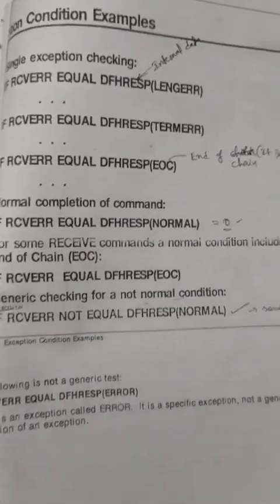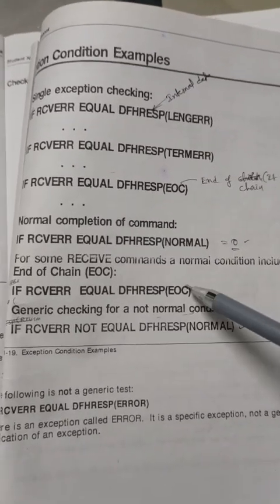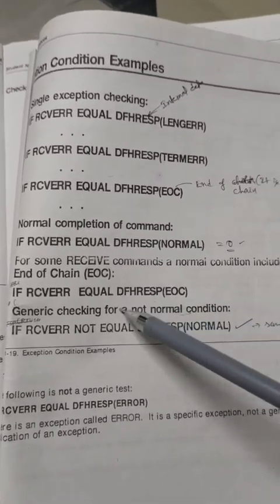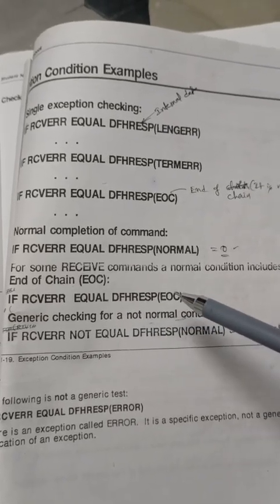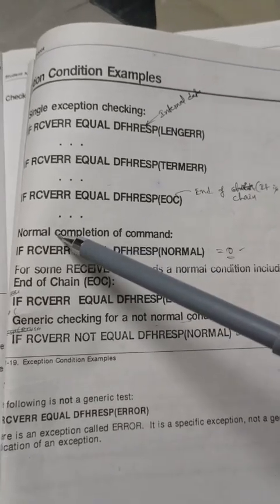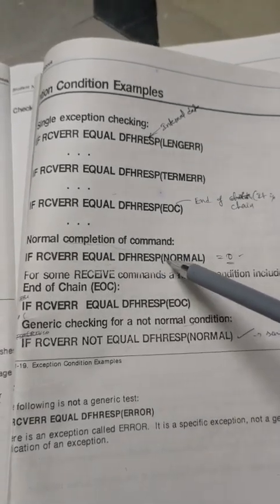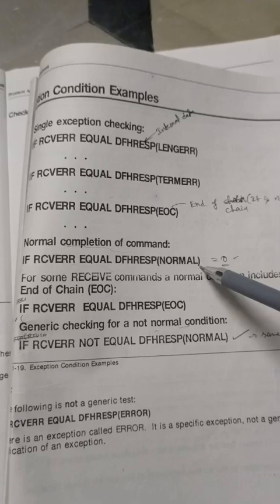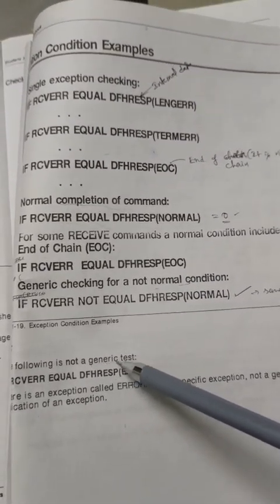Yesterday we discussed this already. This is the exception condition. To check any generic error condition, what is the generic error condition? This is a generic check for normal completion: if RECEIVE-ERROR equals DFHRESP equal to NORMAL. And yesterday we said it is not the generic error condition.